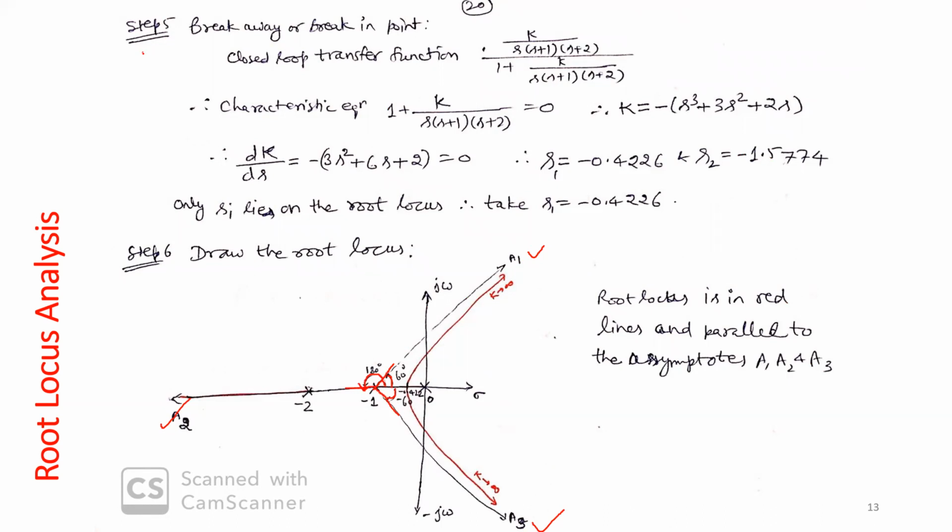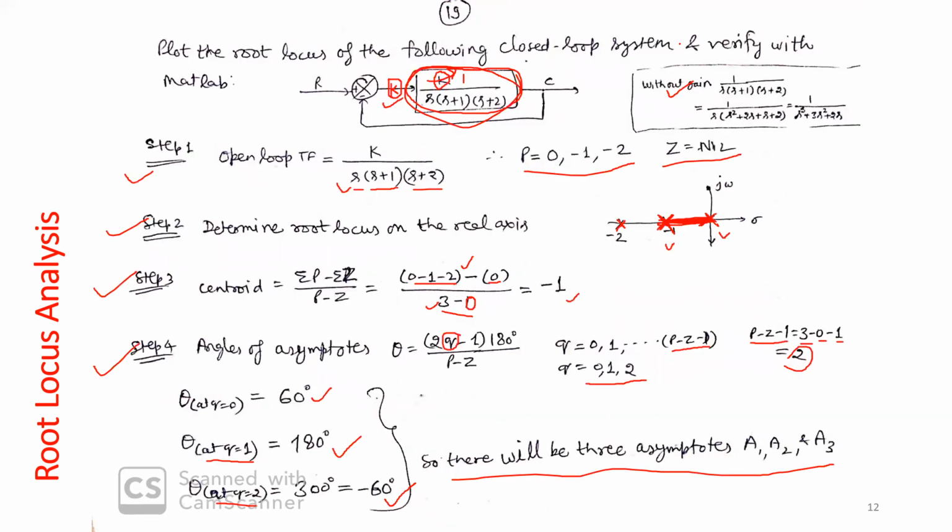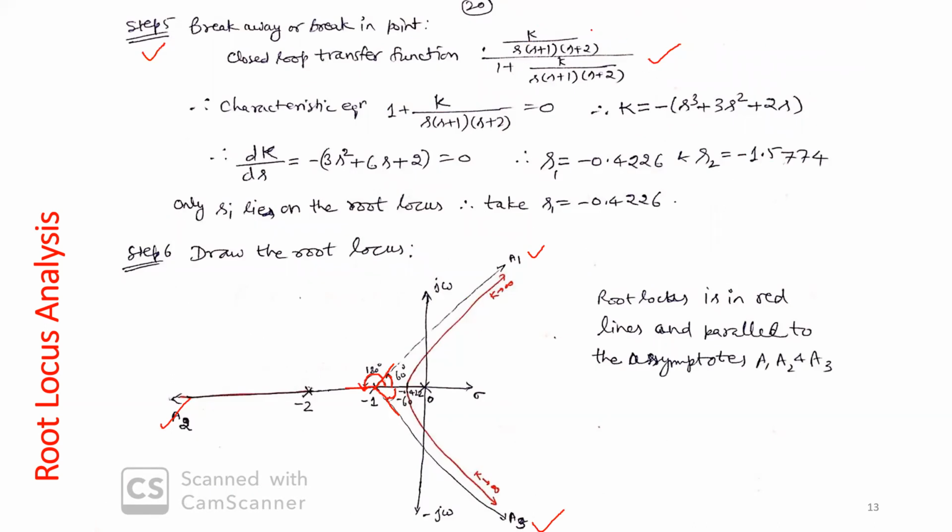Next step, I need to calculate the breakaway or break-in point. For that, I know the closed loop transfer function is given by this. As you know, this is the open loop transfer function G(s), divided by 1 plus G(s)H(s).